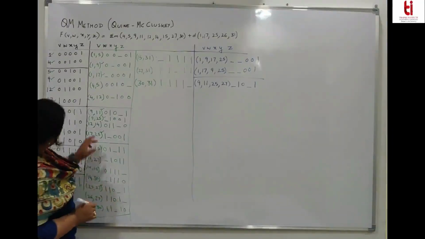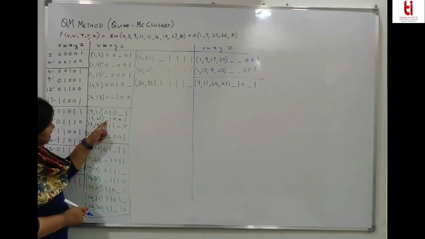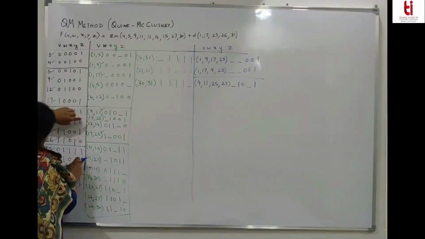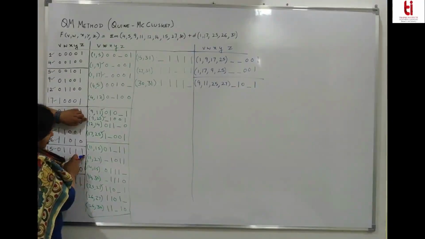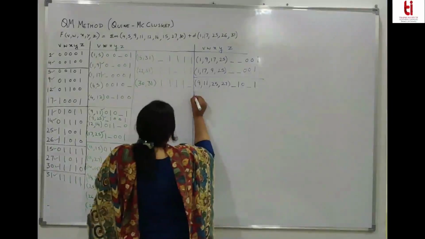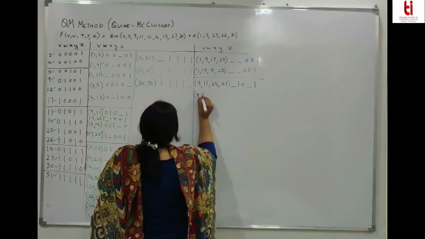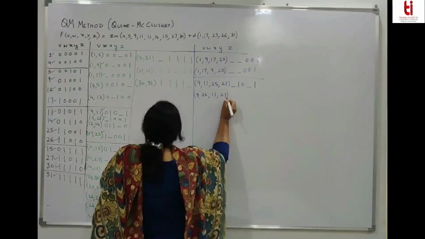और कोई नहीं. Then you have this term 9, 25. The dash is at first position. Can you have this? 9, 25, 11, 27? Yes. 9, 25, 11, 27.